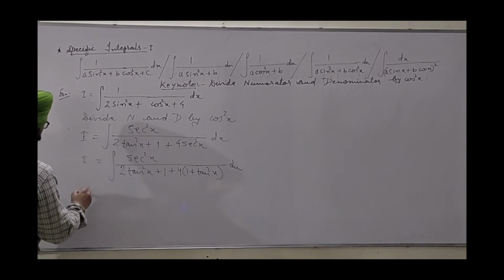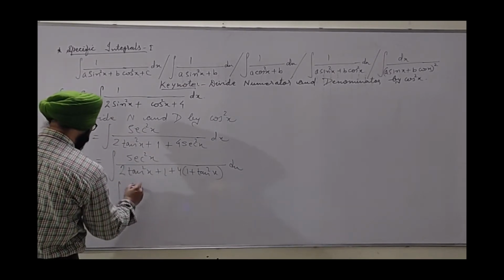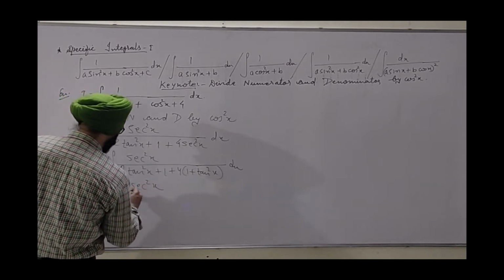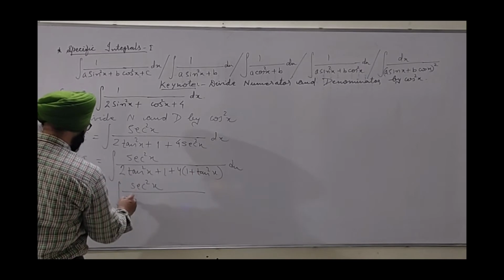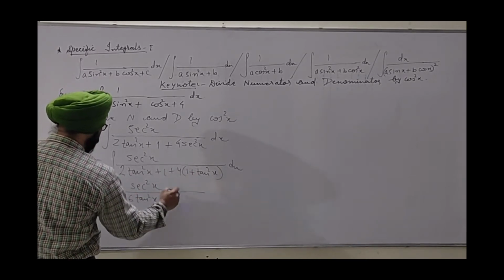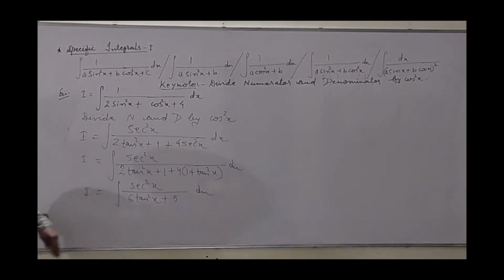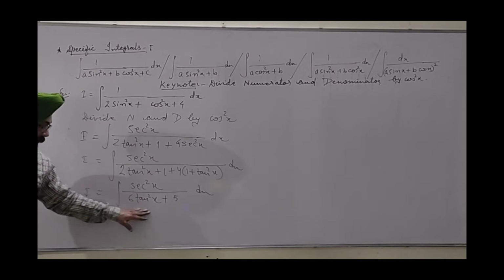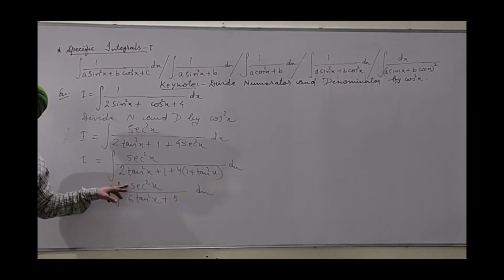Now simplifying, we get here 4 and 2, 6 tan square x plus 4 and 1, 5, dx. Now you can see in the denominator we have tan completely. In all the terms only tan is left, and above we have sec square x.